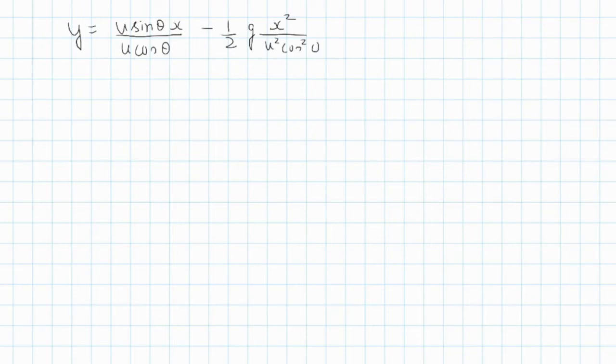If you do not know from where I have written this y and x, then please click the I button above. Now we can write y in terms of x as x minus 110. So this is equal to x into tan theta minus half g x square by u square cos square theta.